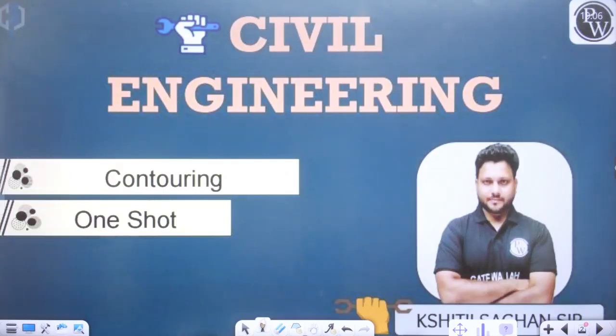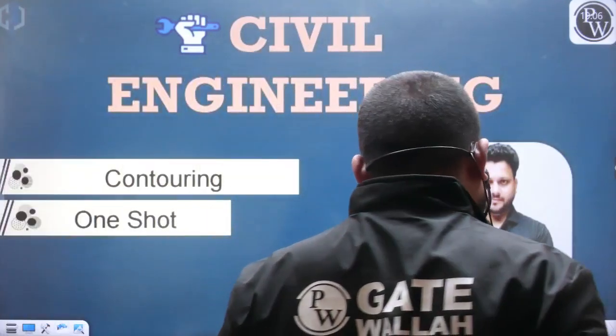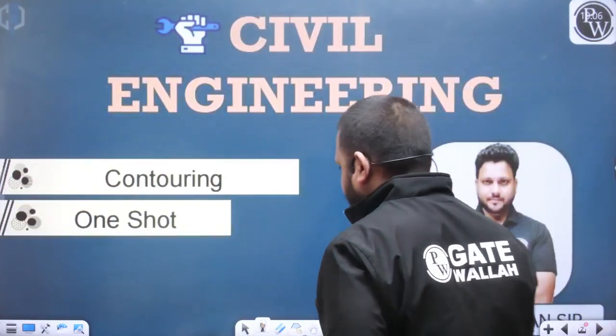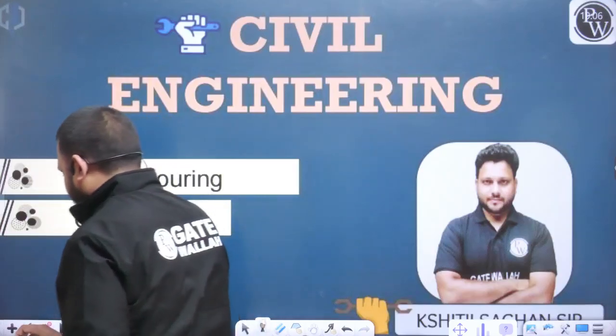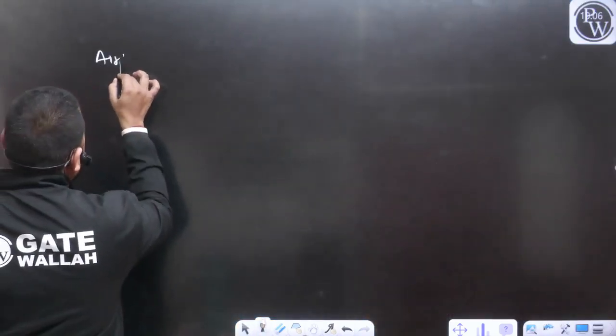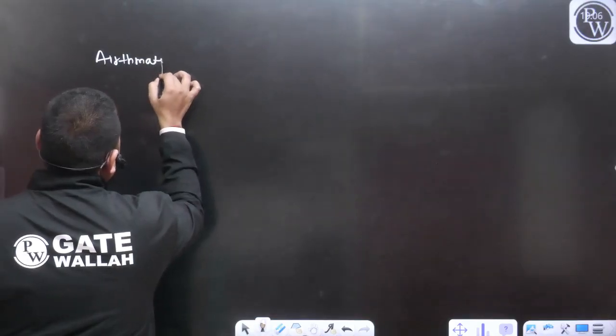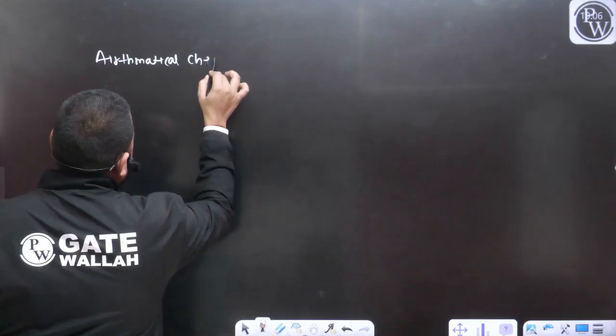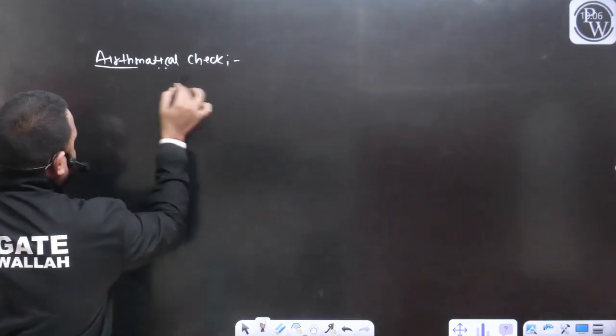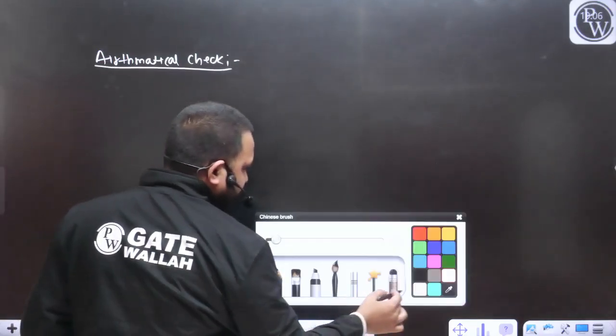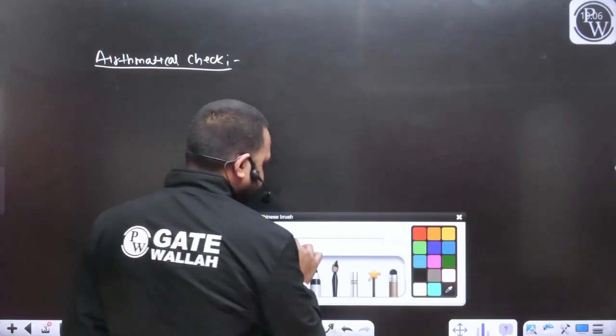Yes or no? Because we have an arithmetical check. What was the arithmetical check in the case of the rise and fall method?